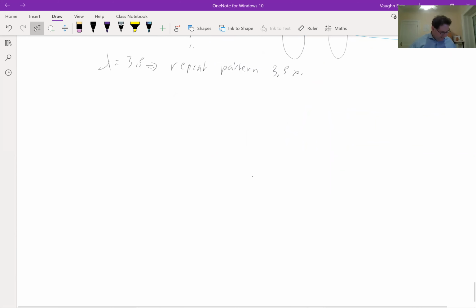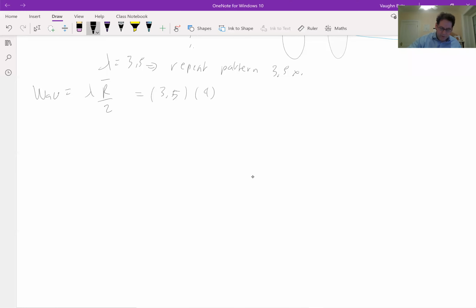Okay, so I've now got this, I can calculate W average. Remember it's lambda R bar over 2. I said lambda is equal to 3.5. R bar, I told you, is typically about 4, divided by 2. So that's 7.